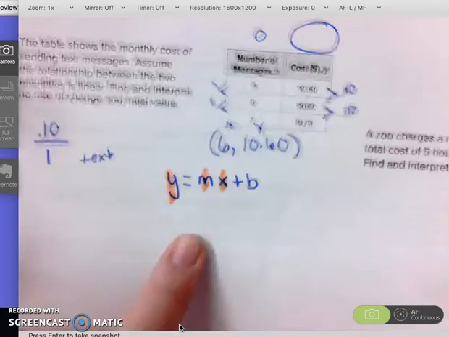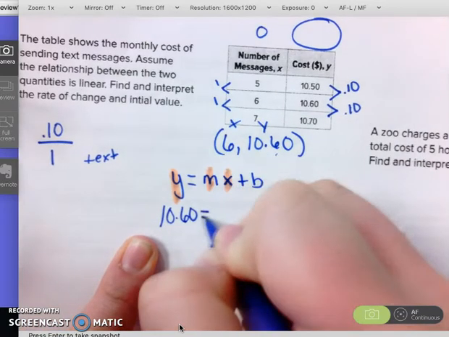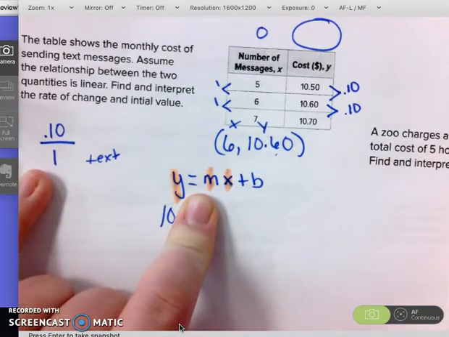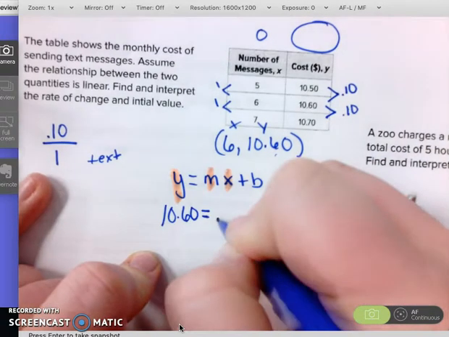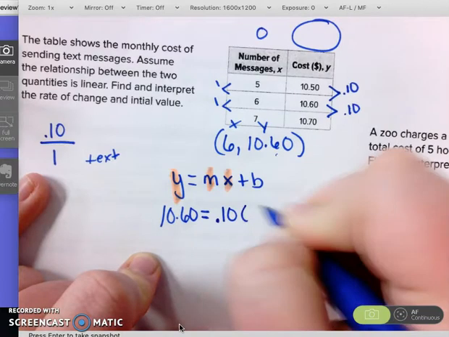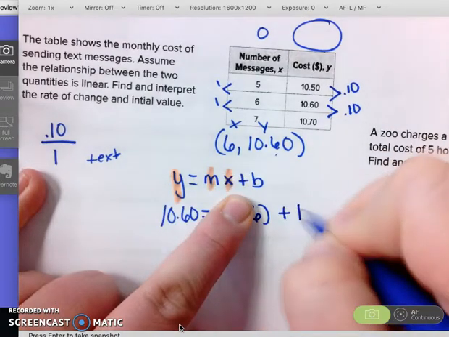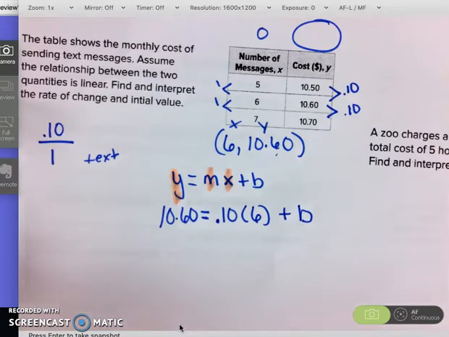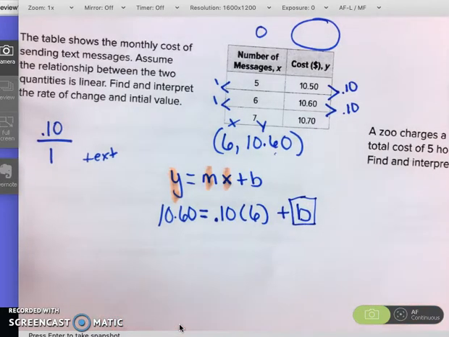So the y is my $10.60 equals, my m is my rate of change. So 10 cents divided by 1 is just 10 cents. And then my x is 6, and then plus b. So everything gets replaced except for the b. And I need to solve for b. I want to find out my initial value.